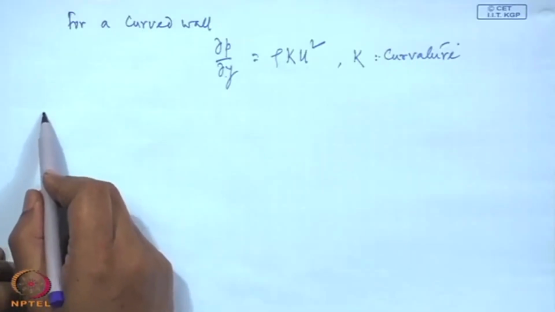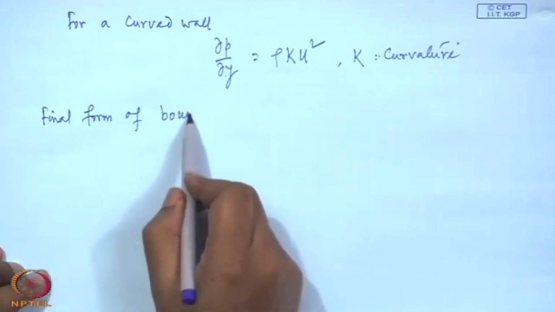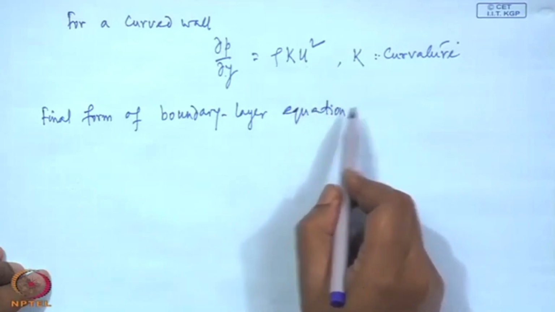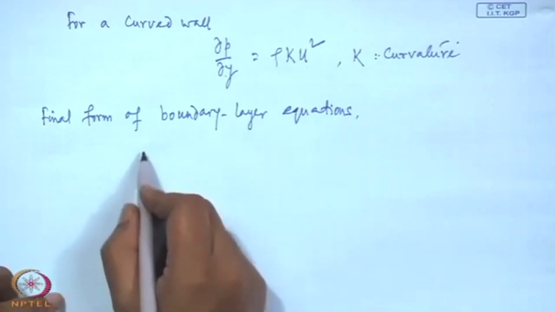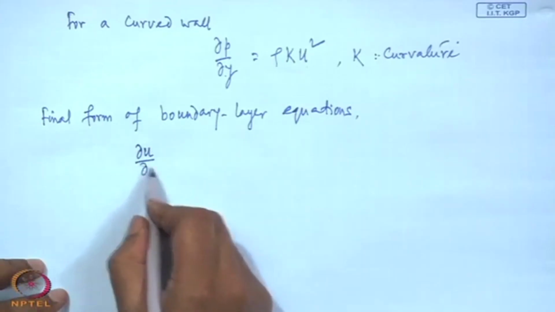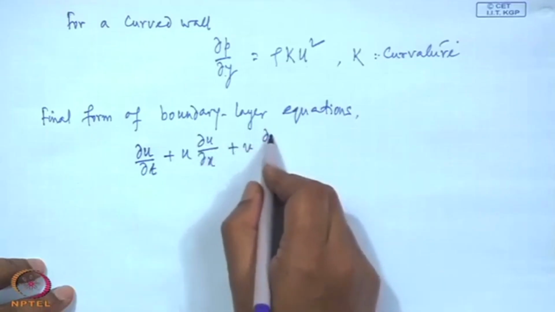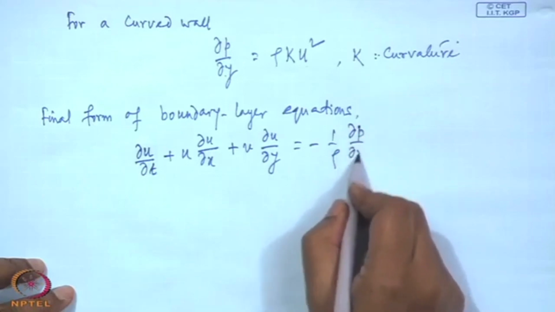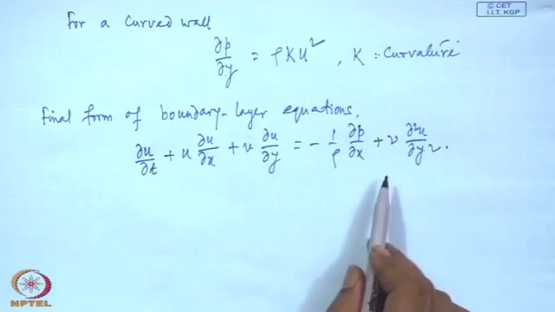The final form of the boundary layer equations. We are again using the dimensional form, not the non-dimensional form.